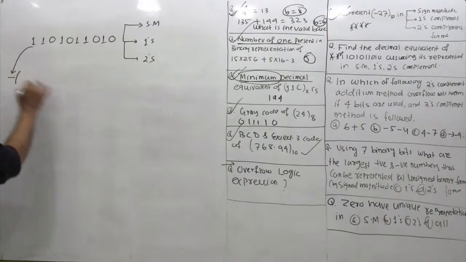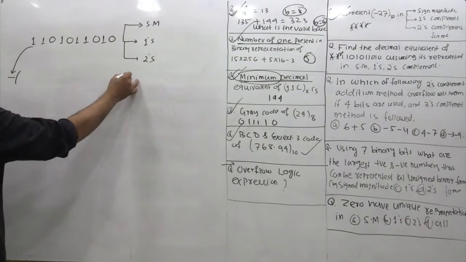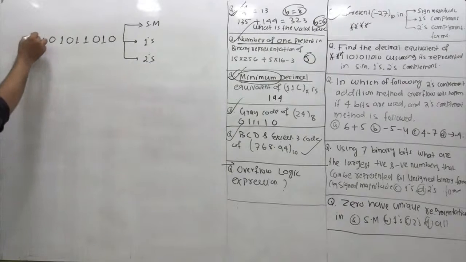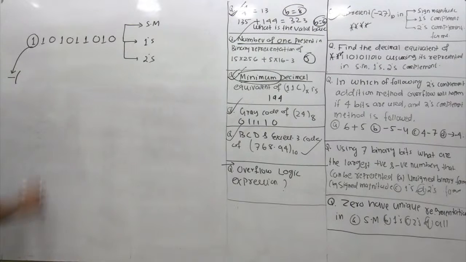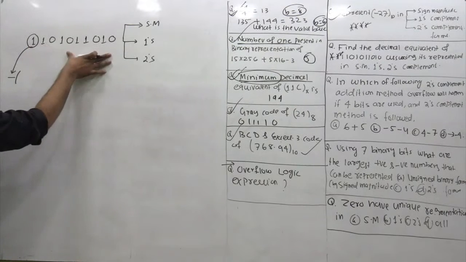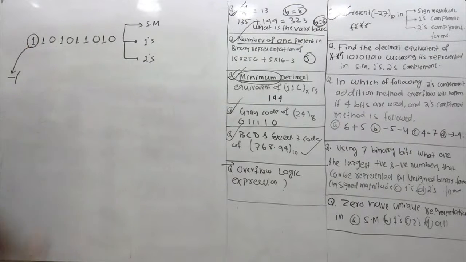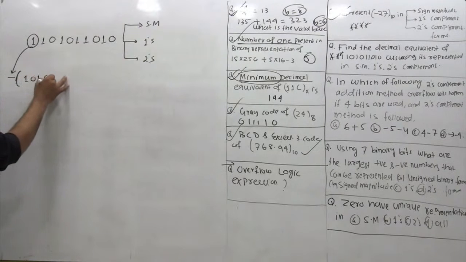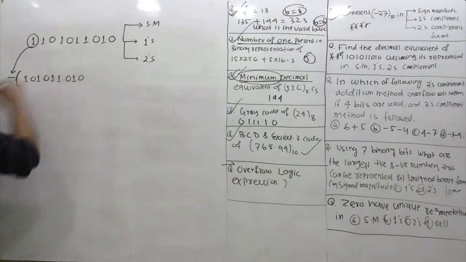Then, if we assume this is sign magnitude form, what you have to do? As I said, this is the sign bit, the way we have learned the coding technique of sign magnitude. The rest of the bits you have to assume as a binary number and find the decimal equivalent of this binary number. So for this one I am putting a negative sign, and I am left with 1 0 1 0 1 1 0 1 0.